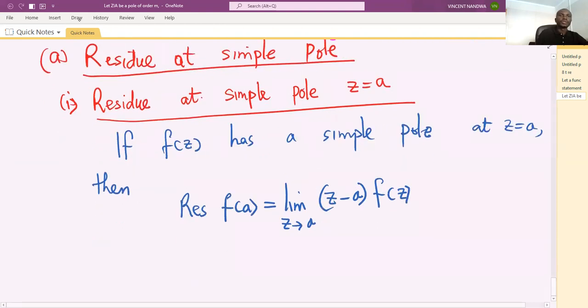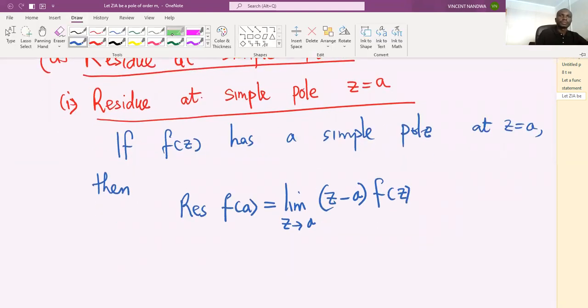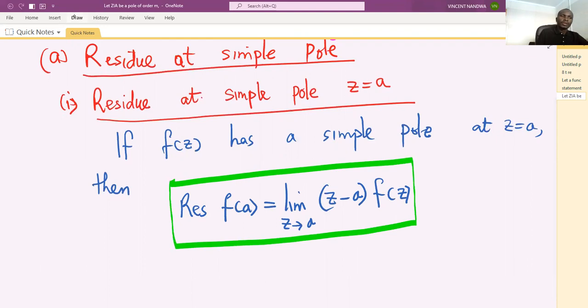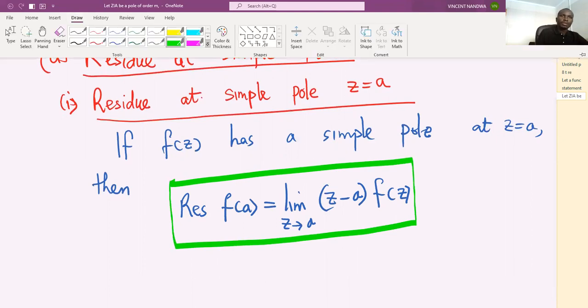So this is the definition. So quickly, let's see how we prove this.